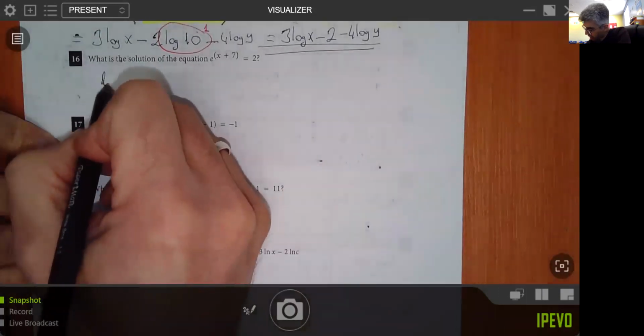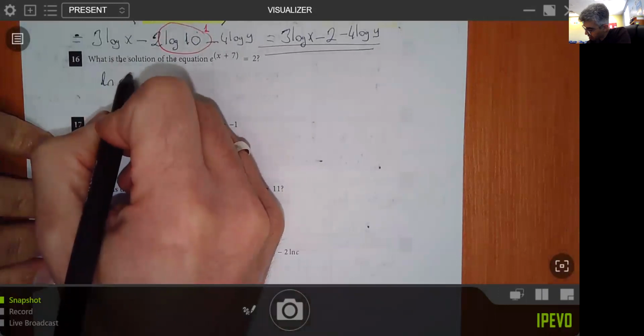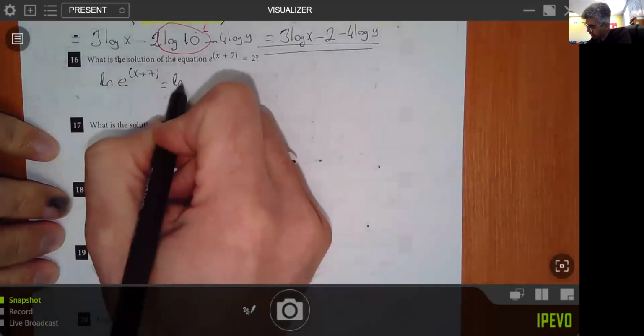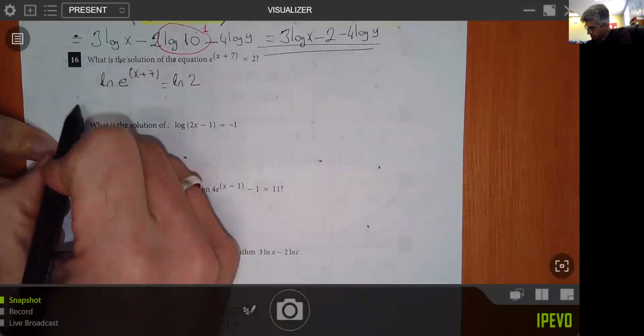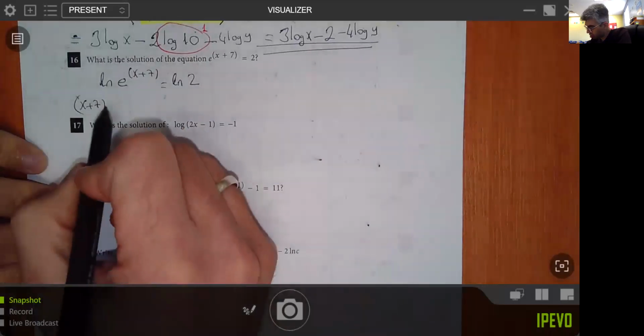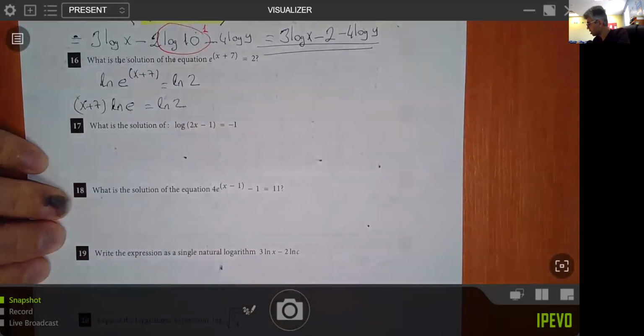So I have ln of e to the power of x plus 7 is equal to ln 2. And that x plus 7 we write as a coefficient of ln e, and it's equal to ln 2.